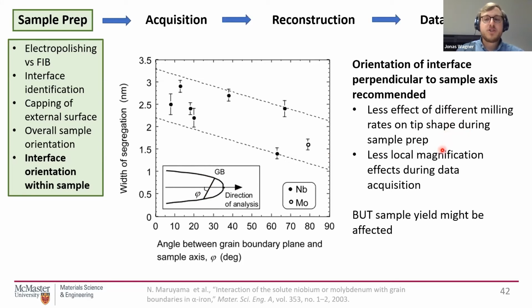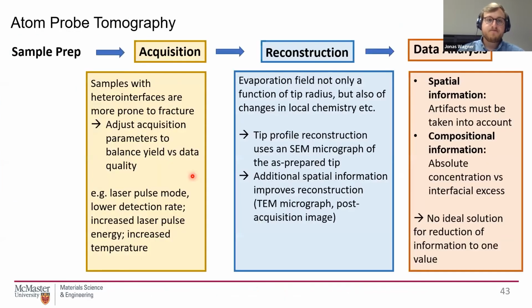It also helps with the local magnification effects during the run. But just keep in mind, having a very perpendicular interface usually means a reduced contact area. So it really comes to the cap material needing to have a good adhesion to your sample overall to avoid fracture.